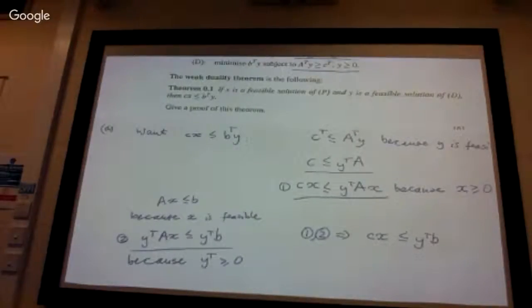But that's not what we want, is it? It asked for b transpose y, and we got y transpose b. Is that a problem?